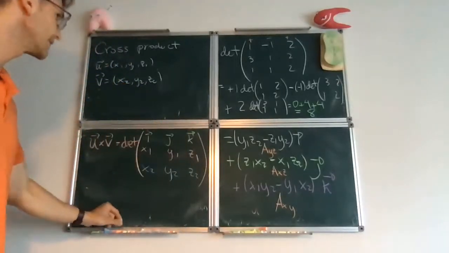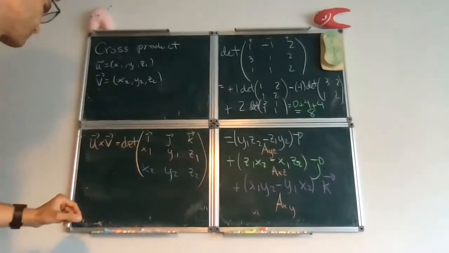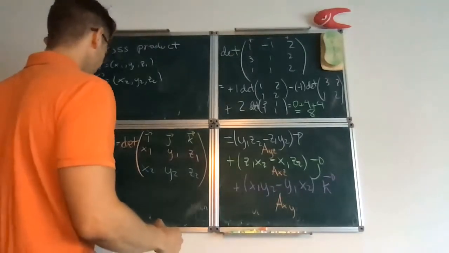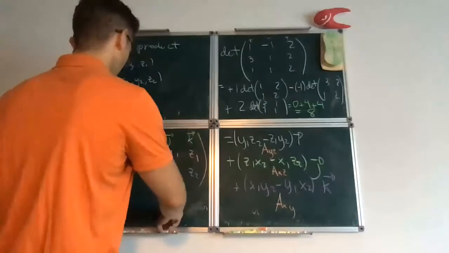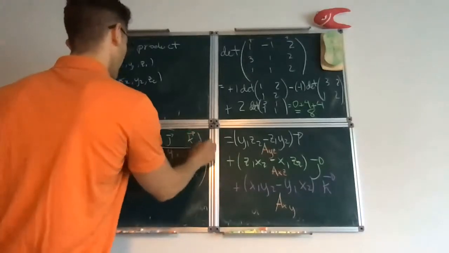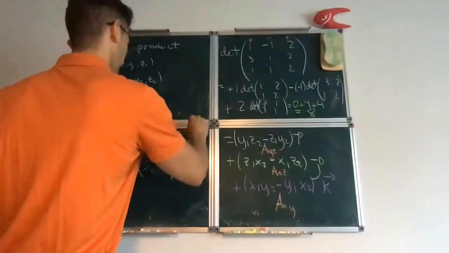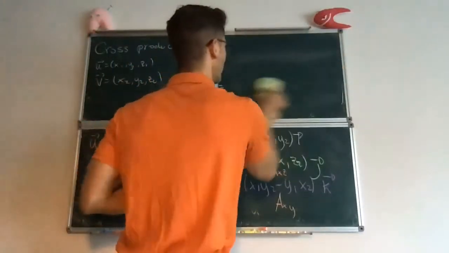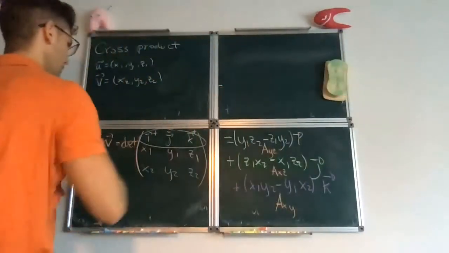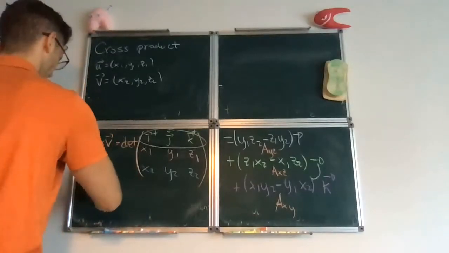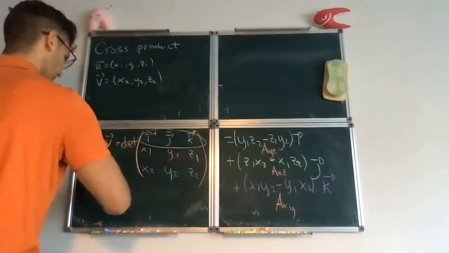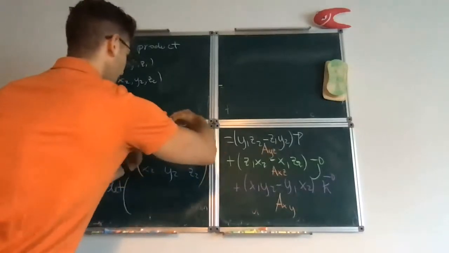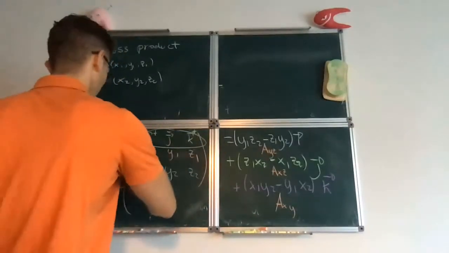Now, the point is that strictly speaking, you cannot do that because in a matrix you can only place numbers, so this is a bit formal. But if you just follow the logic, you get plus I times a determinant. Remember, delete first row, first column.